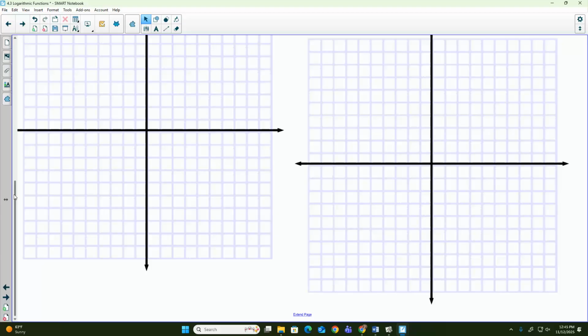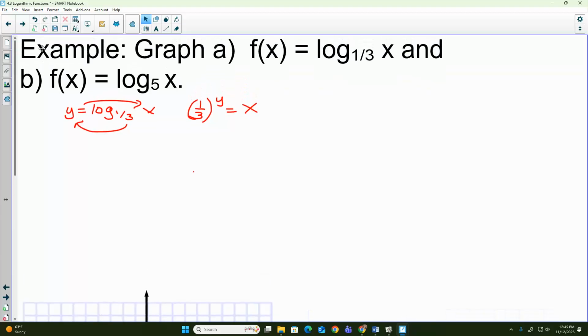Okay. So if we make our t-chart, which variable would I plug in -1, 0, and 1 for? The y. Alright, so 1/3 to the -1, 1/3 to the 0, and 1/3 to the first.